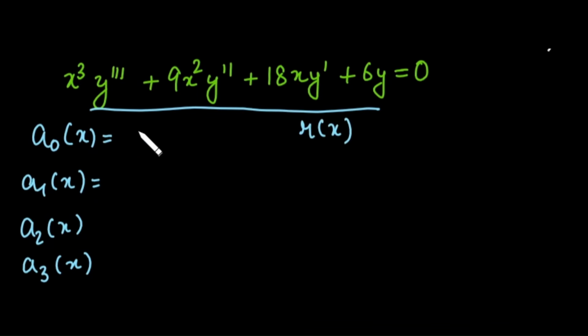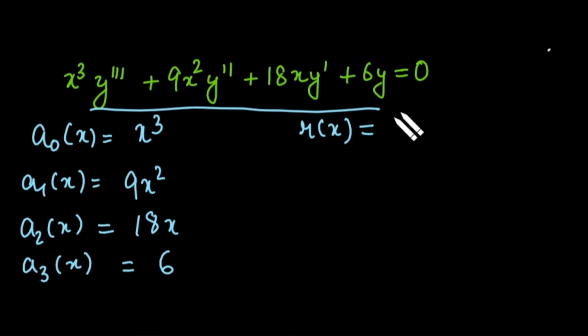So a0(x) is x cubed, a1(x) is 9x squared, a2(x) is 18x, a3(x) is the constant 6. The right-hand side R(x) is 0. So all these are polynomials, and polynomials are continuous for every value of x belonging to the set of real numbers. So till now we are getting the interval as the real numbers.